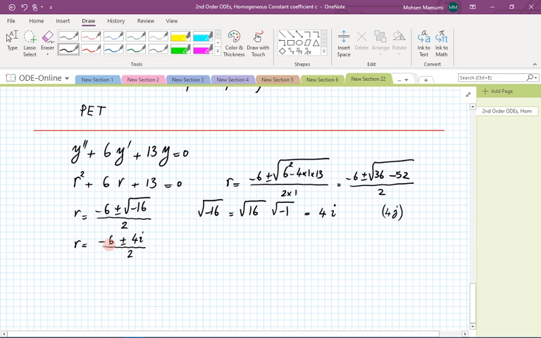A common mistake students make is to just divide this thing by 2 and write minus 3 plus or minus 4i. Of course that is not a good form. You have to factor and then divide. So minus 6 plus or minus 4i is 2 times minus 3 plus or minus 2i, over 2.